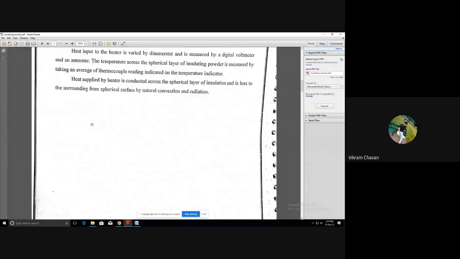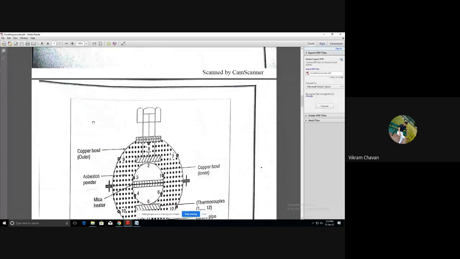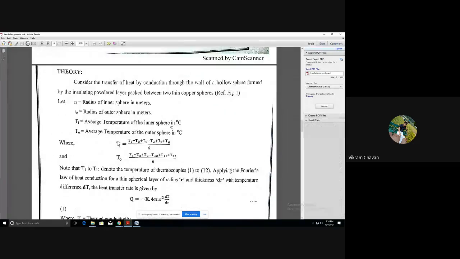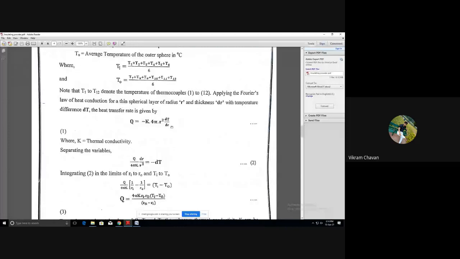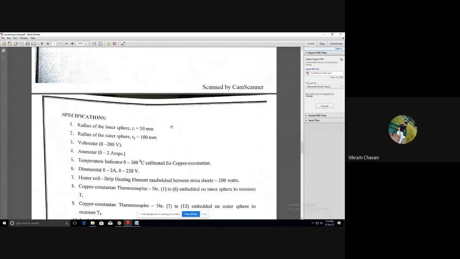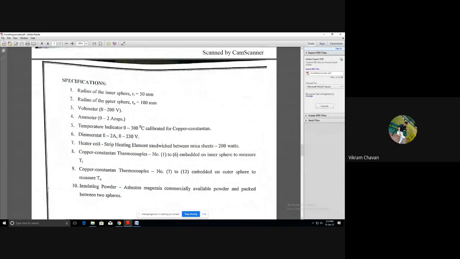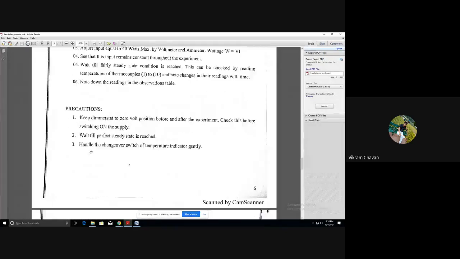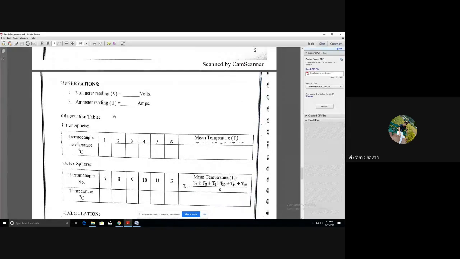Then you can draw the diagram, and neglect the theory part. Then directly write the specification, and neglect the procedure and precautions. Then directly go for the observations.